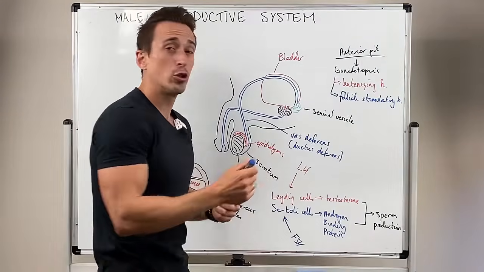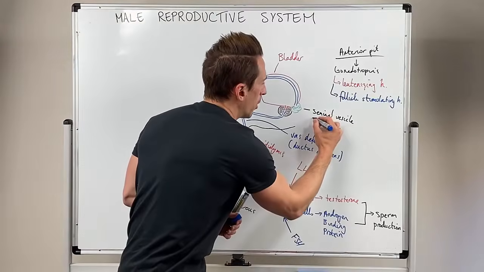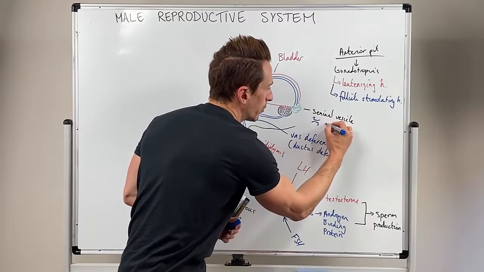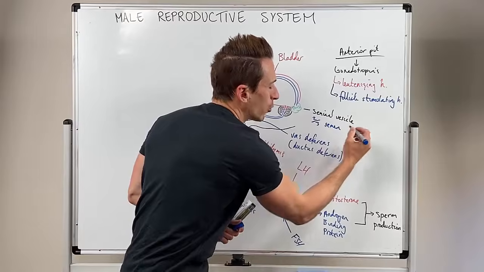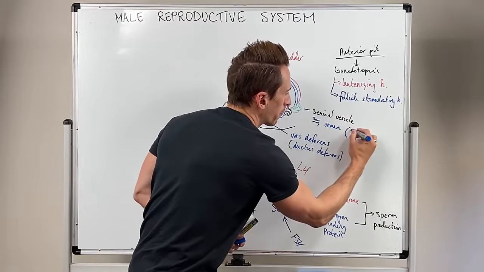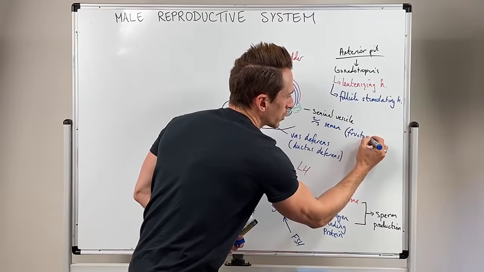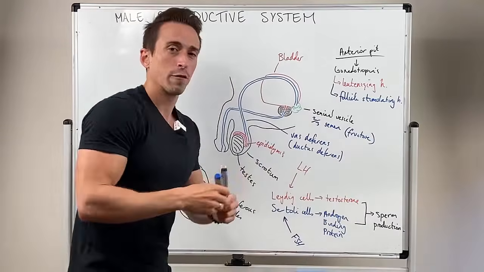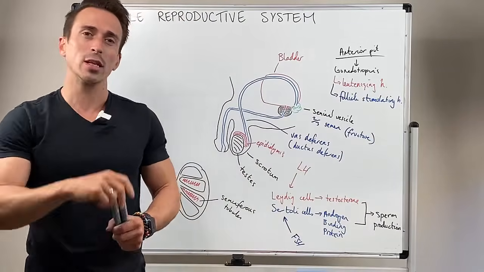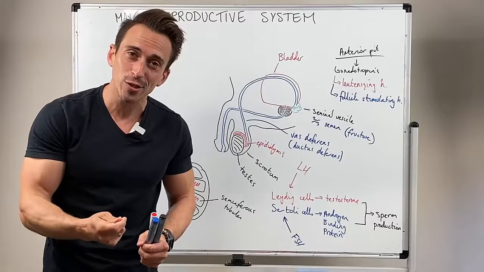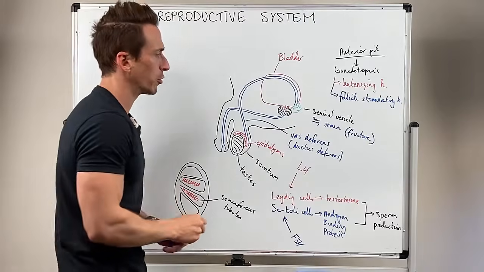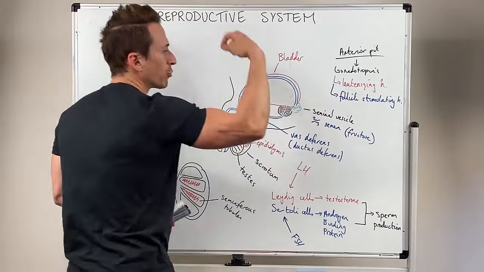They actually produce two-thirds of the volume of semen. And one of its major components is fructose, which is an energy source. So, fructose, very similar to glucose, is what sperm uses as its energy source. Eat your fruit, gentlemen.